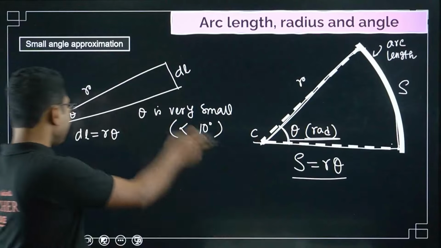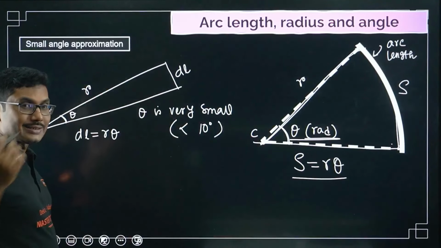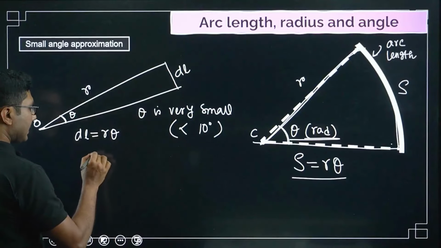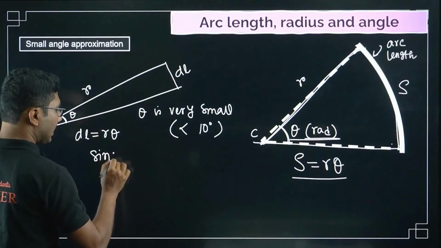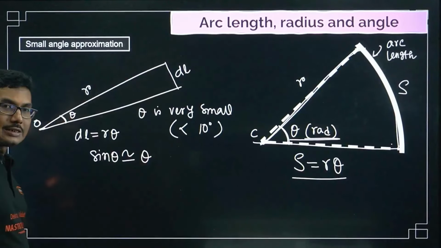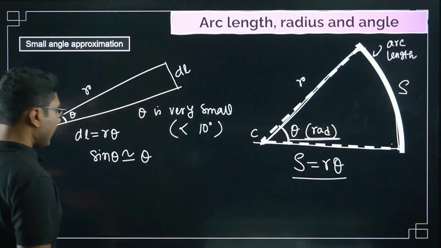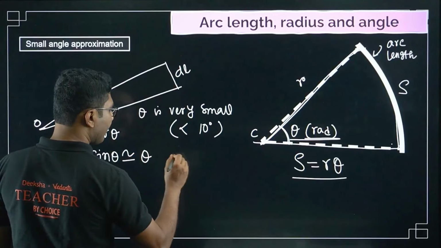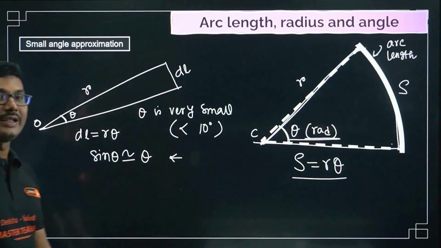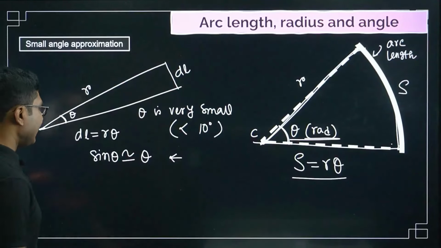Also in this particular case there is one more extra approximation: sin theta is nearly equal to theta. Again here the theta value must be in radians.